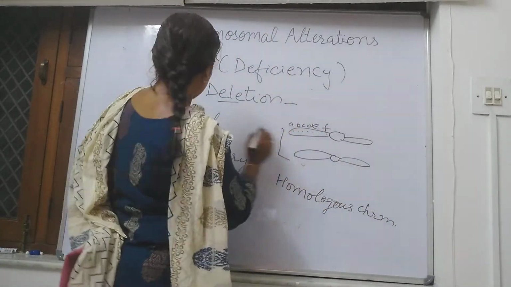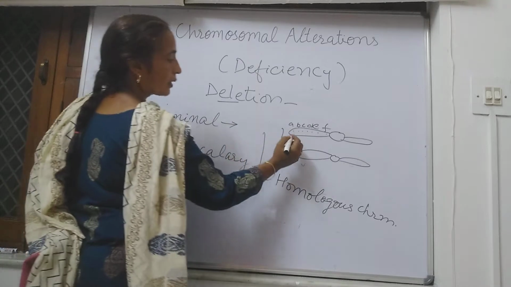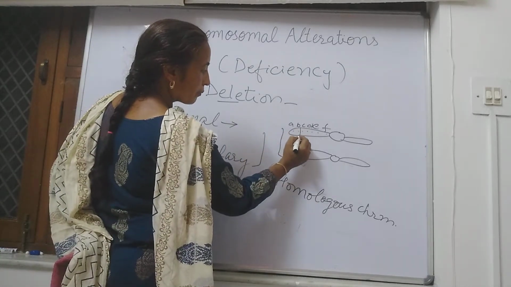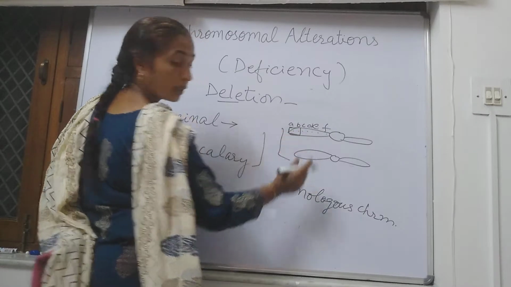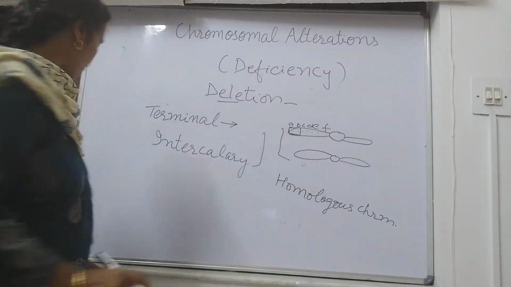In terminal deletion, the terminal segment is lost. That is, terminal genes, the AB genes, are lost.